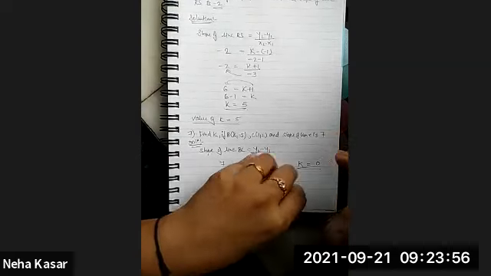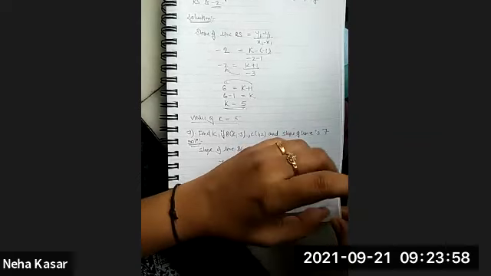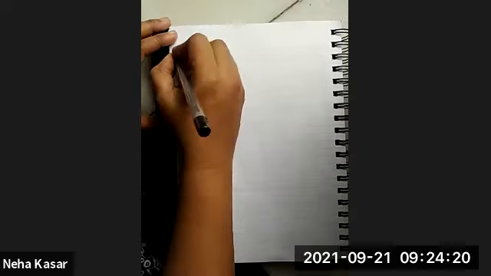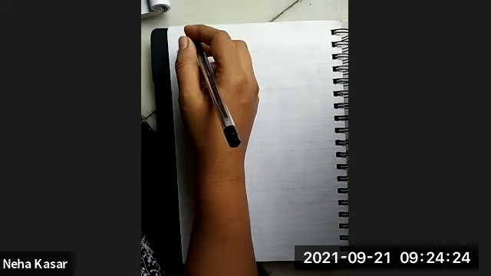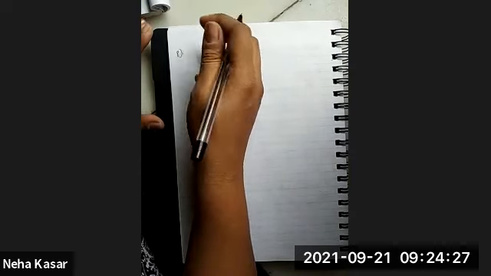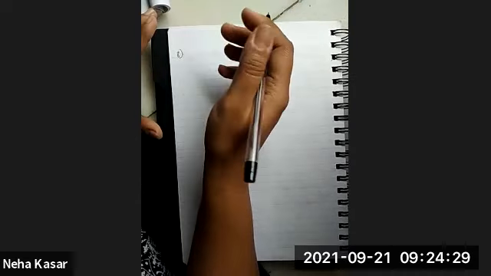We are moving to the last sum of the exercise. So that is the 8th sum. Eighth sum, you have to find the value of k. Find k if PQ is parallel to RS and the points P, Q, R, S are given. So S point is (5, k).